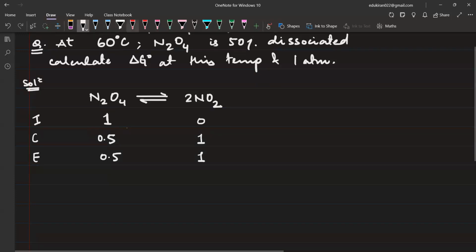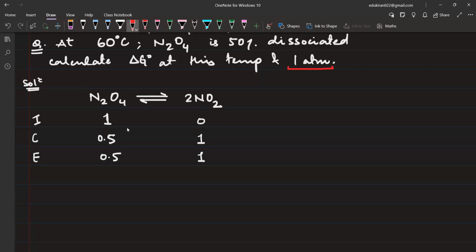Okay. Another thing you can see here: this one that we have taken is coming from here, 1 atm, because the pressure inside the container will be because of N2O4, and we started N2O4 with 1 atm. So it was 1 atm, after that it dissociated. Initially we have this 1 atm pressure. We can talk about 1 mole also, but you can see that here they have given 1 atm.